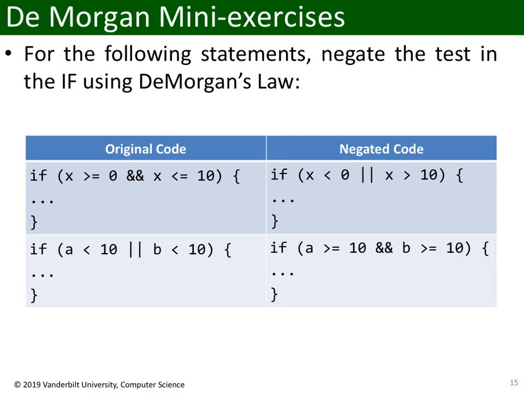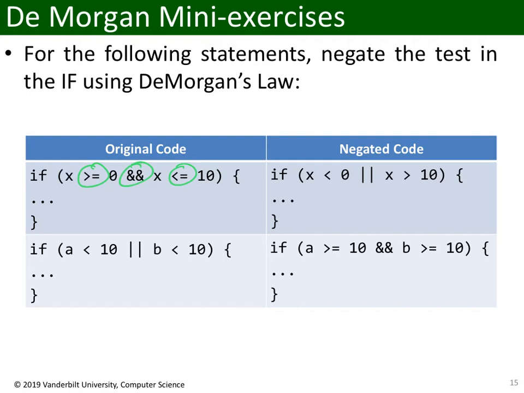So on the left we have a test for x greater than or equal to 0, logical and x is less than or equal to 10. So we need to change three things: the operator for the left test, the conjunction, and the operator for the right test.